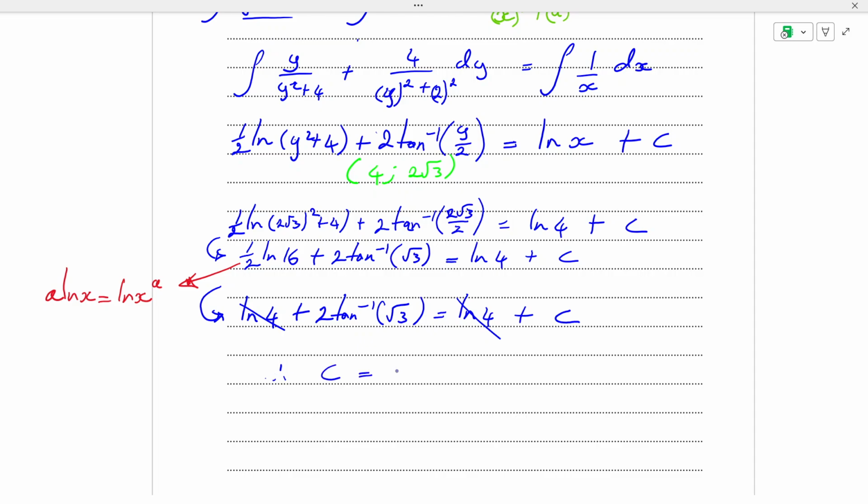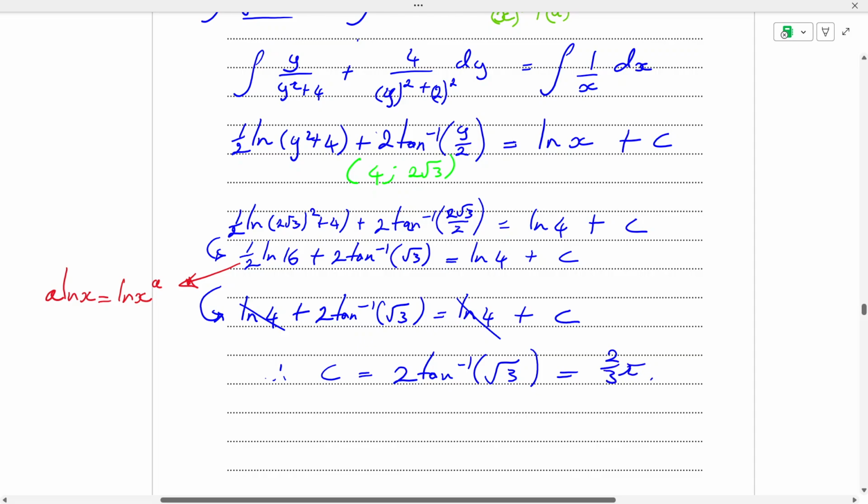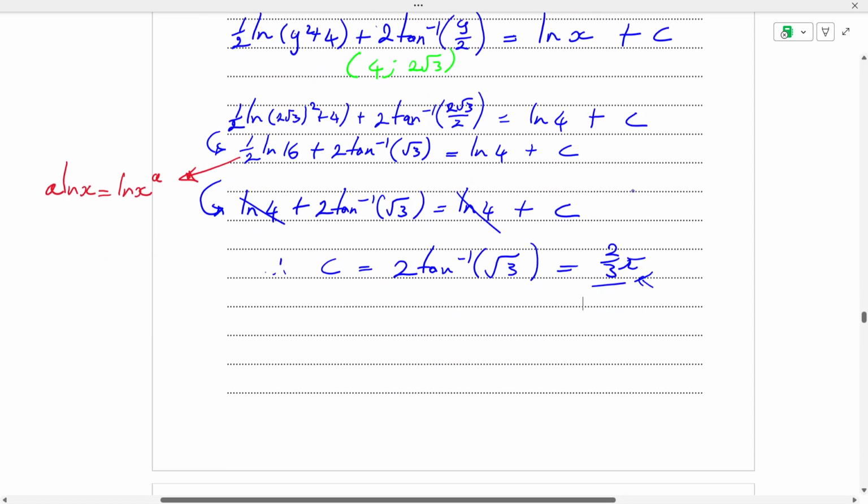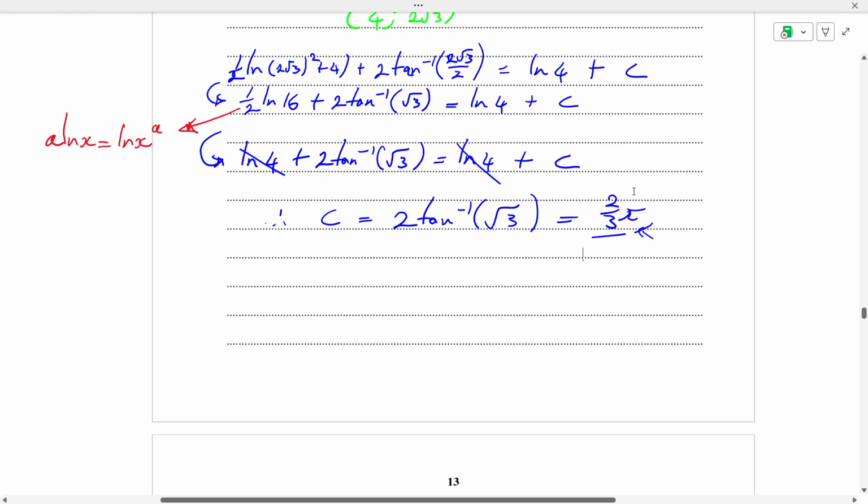Therefore, we have c as 2 tan inverse of root 3, which you can plug into the calculator and it should give you 2 over 3 pi. But I just don't want to write 2 over 3 pi. I want to keep it as 2 tan inverse of root 3. You can choose however you want to carry forward.